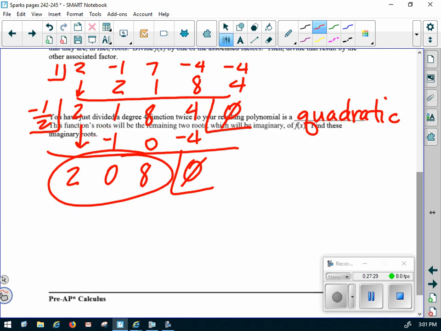What polynomial does this make? 2x squared plus 8. Set that equal to 0 and solve.